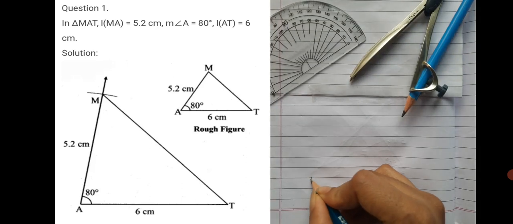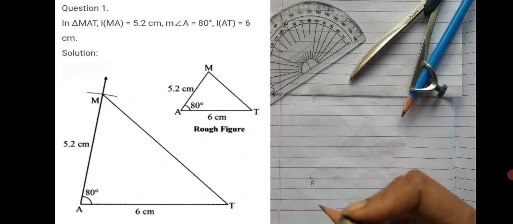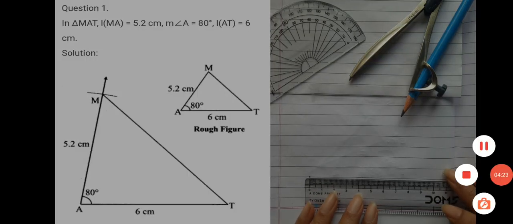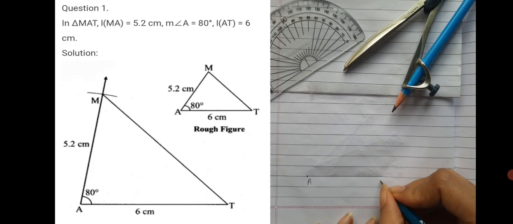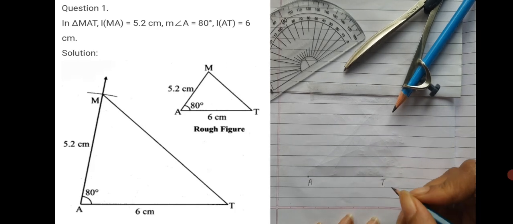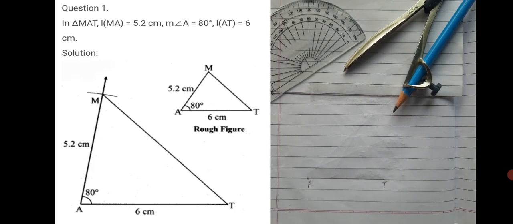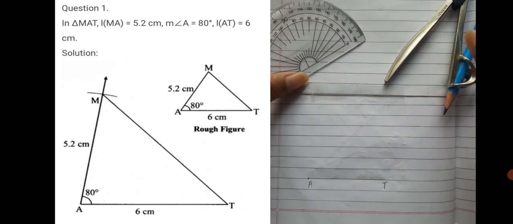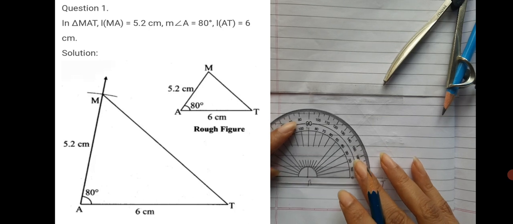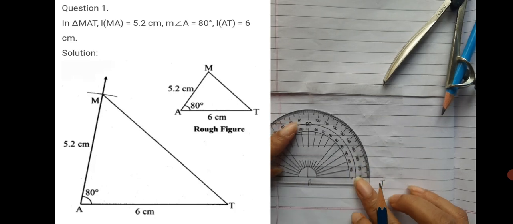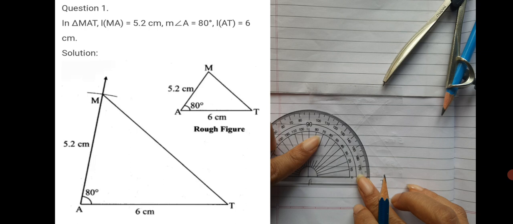First, I will mark point A. Then, with the help of the scale, taking a distance of exact 6 centimeter, point T will be marked so that we get a segment AT as 6 centimeter. Next, we will take the protractor and mark an angle of 80 degree.